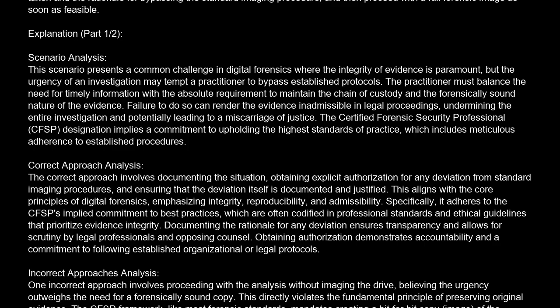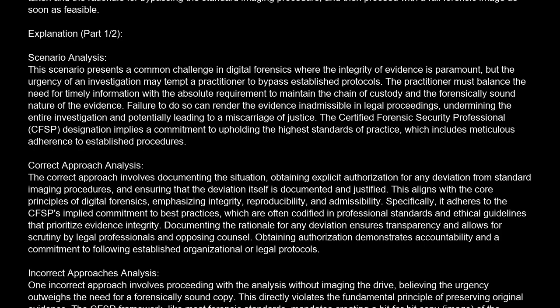Specifically, it adheres to the CFSP implied commitment to best practices, which are often codified in professional standards and ethical guidelines that prioritize evidence integrity. Documenting the rationale for any deviation ensures transparency and allows for scrutiny by legal professionals and opposing counsel. Obtaining authorization demonstrates accountability and a commitment to following established organizational or legal protocols.